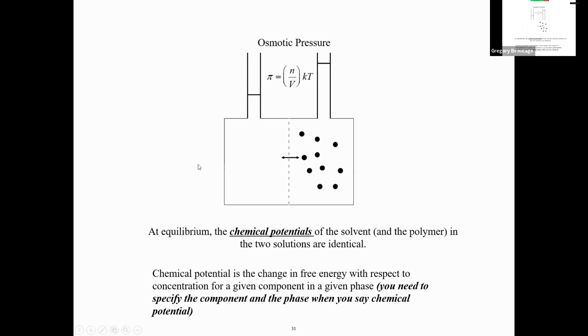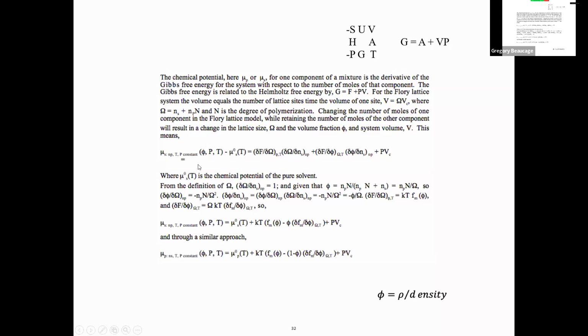The Flory-Huggins equation is actually a Helmholtz free energy, so it doesn't have pressure in it. It's a system with constant volume, so it doesn't have the PV part. The Flory-Huggins equation is a Helmholtz equation because it's based on a lattice model and the volume of the system's fixed. So you don't have this PV.